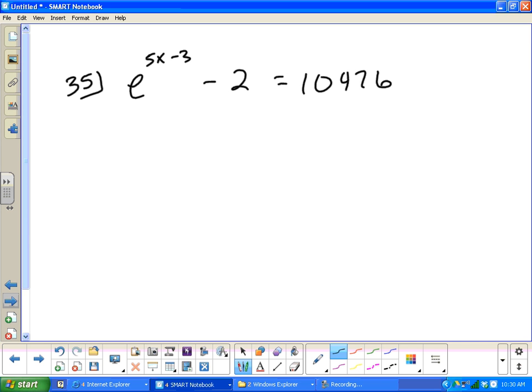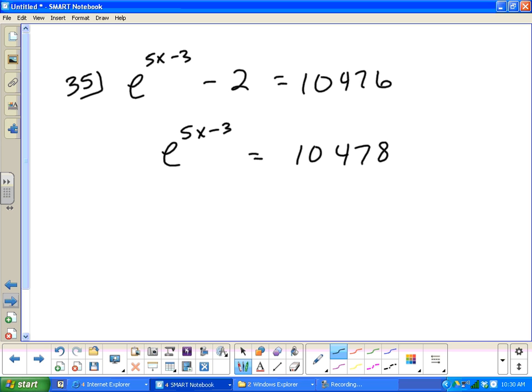Big one. You have to isolate the base first, so you have to add the 2. You get e to the 5x minus 3 equals 10,478. You have to add them.